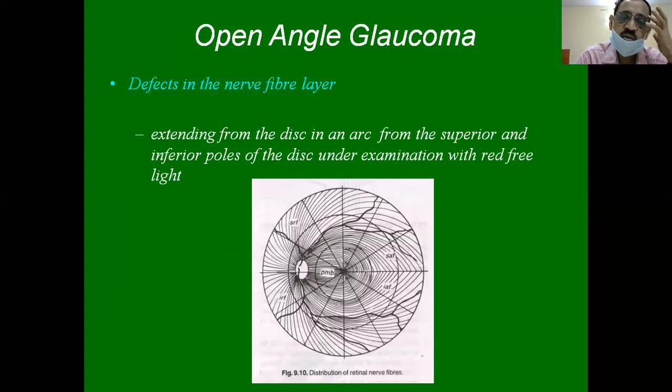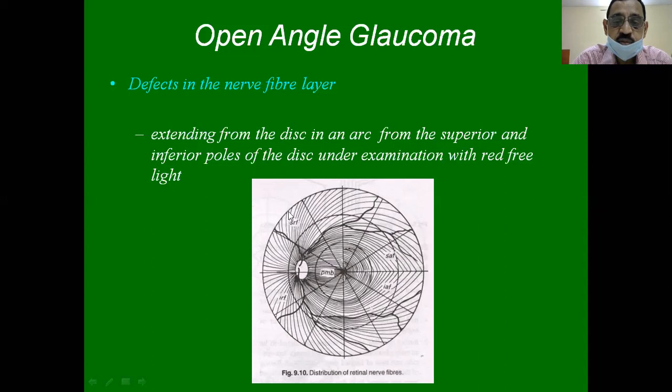In open angle glaucoma, the field defects depend on defects in the nerve fiber layer. The nerve fiber layers on the nasal side, the superior radiating fibers and inferior radiating fibers, join the disc. And from the macula to the disc, there is the papillomacular bundle. And over that, you have superior arcuate fibers and inferior arcuate fibers. And a median raphe will also be there.